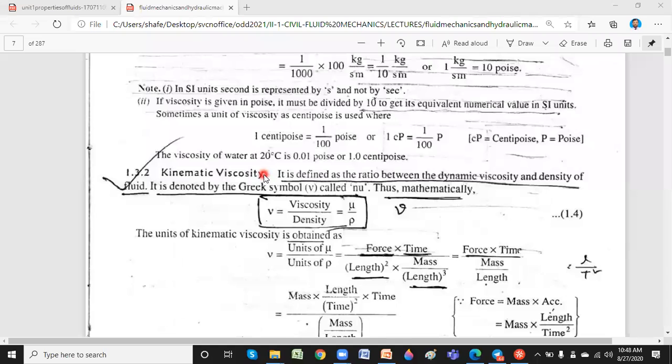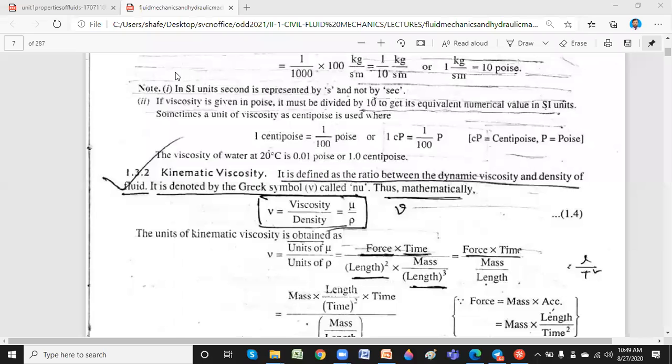As I said in the example of lorry bearings, once you keep semi-solid lubricant, a paste-like thing, grease, after some time you can see they take away that black colored liquid. That means it loses its viscosity and converts into liquid.